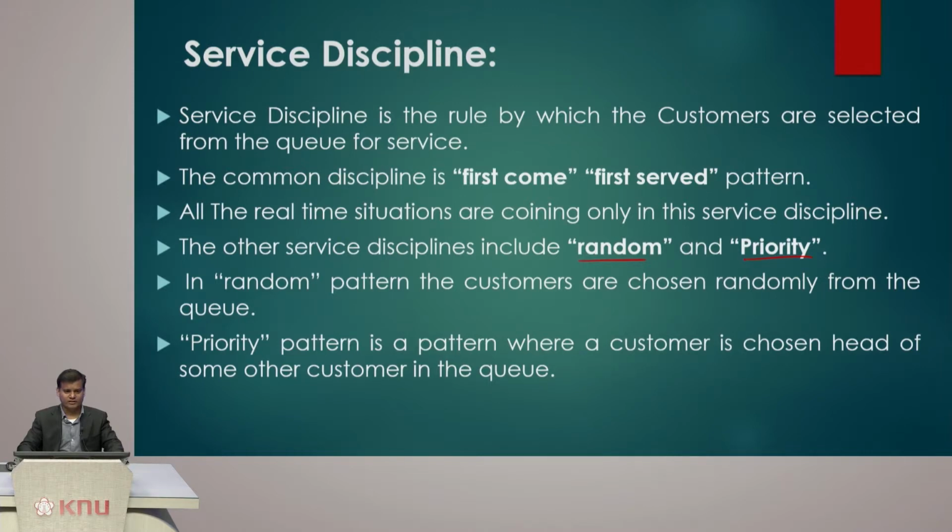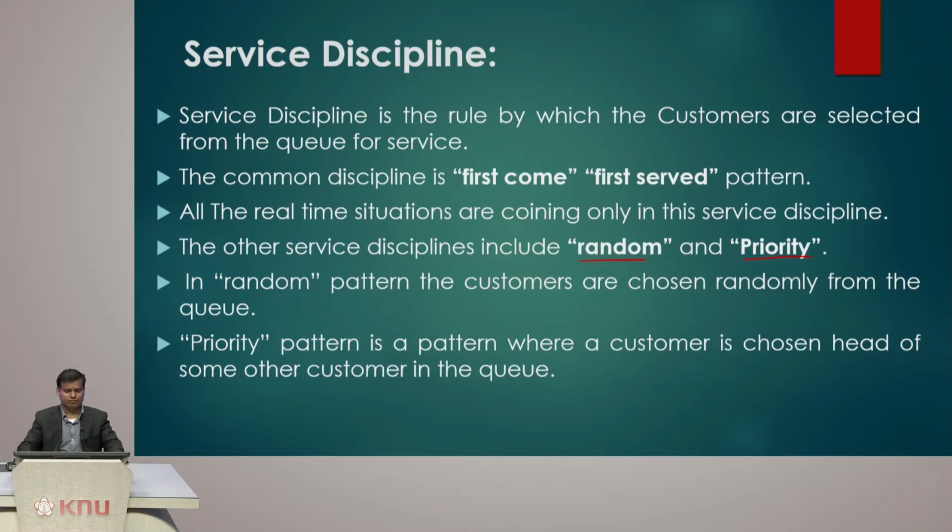And then comes the priority pattern, another kind of service discipline. For example, in the vehicular context, an ambulance might get higher priority of service, or at times VIP or VVIP vehicles get served first in the system.